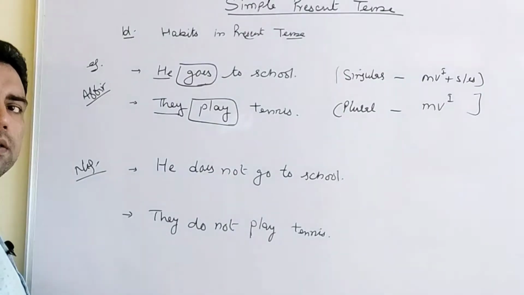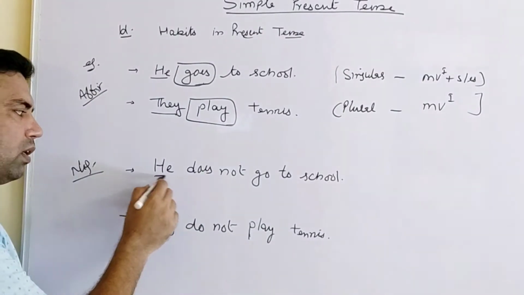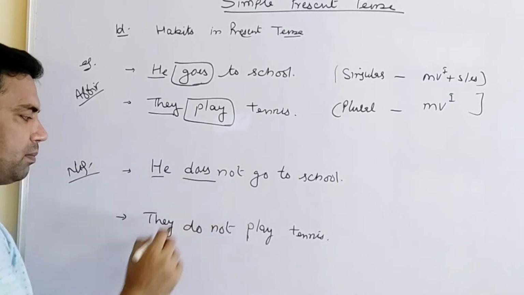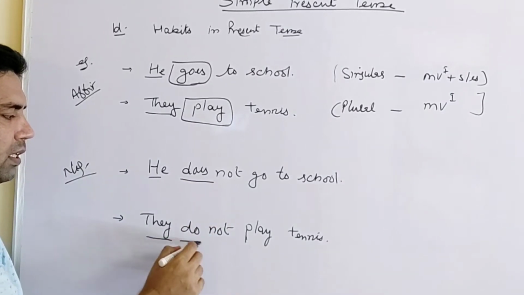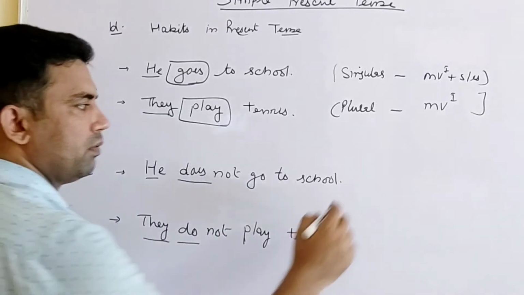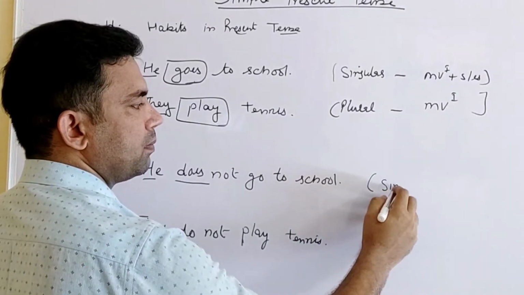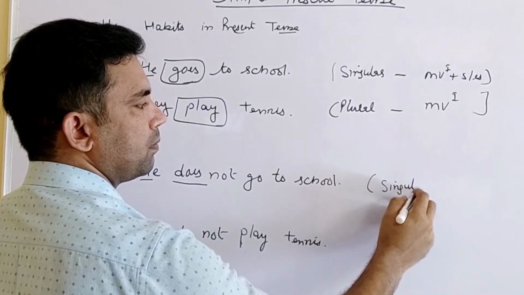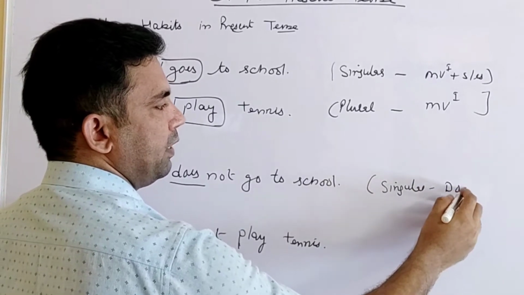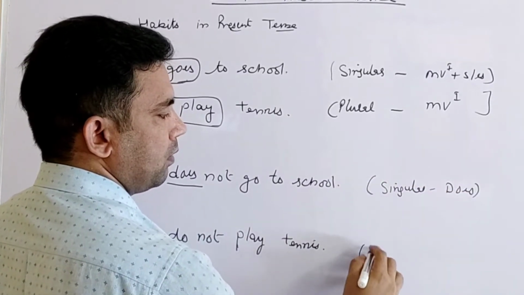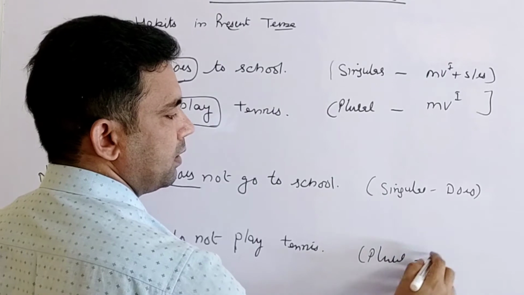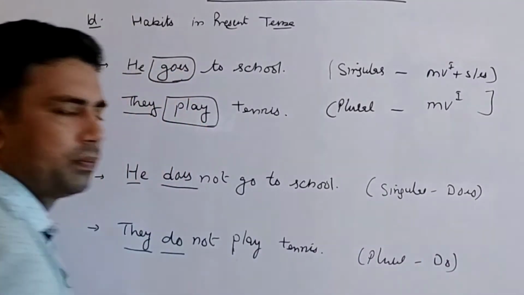You saw here that when we have a singular subject, we are using does. When we have a plural subject, we are using do. For singular, we are using does. For plural subject, we are using do.